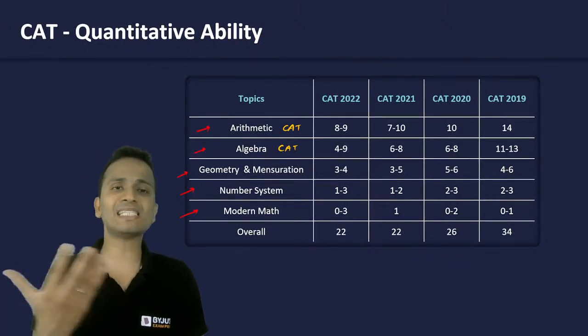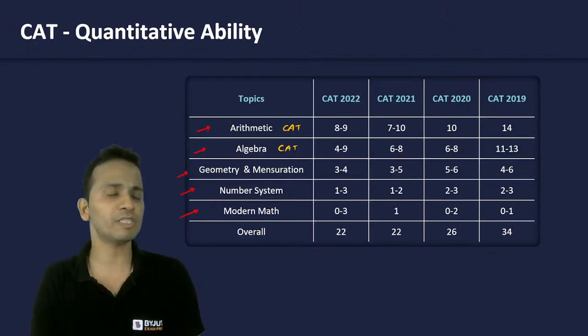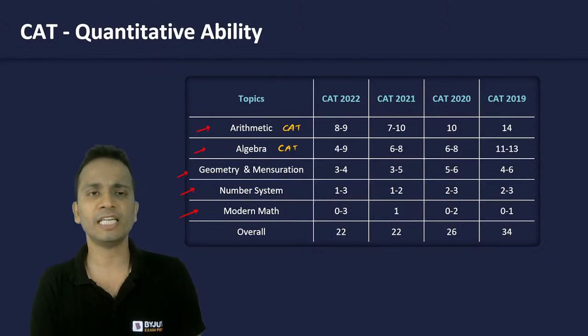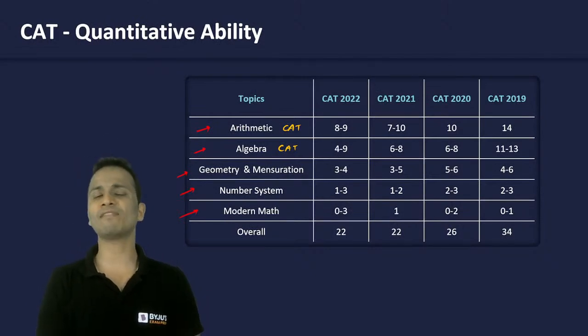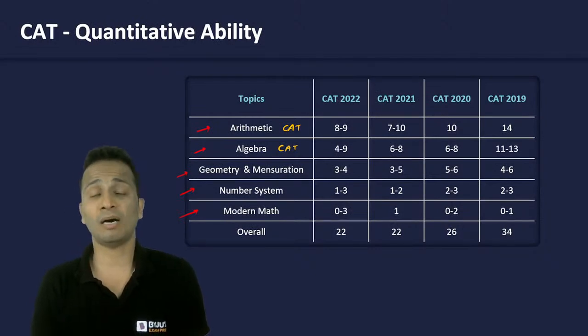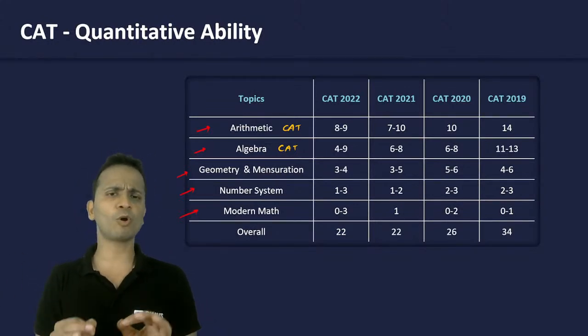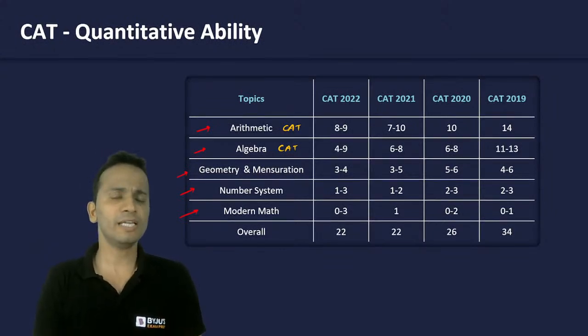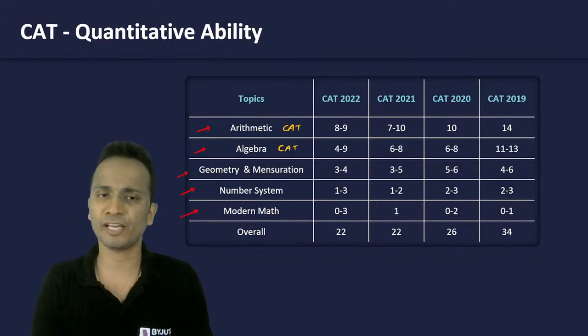So 17 out of 22 questions are coming from just these two areas. These are the two most important areas, and for students who are constrained by the time left for preparation, you can focus 100% on these two areas, and the QA section can be taken care of.